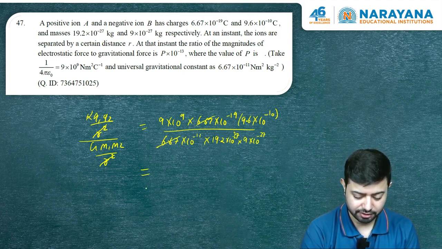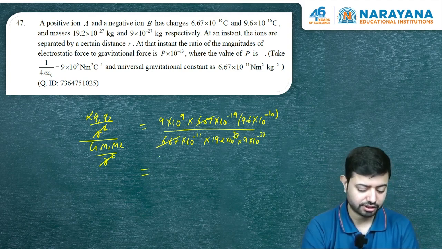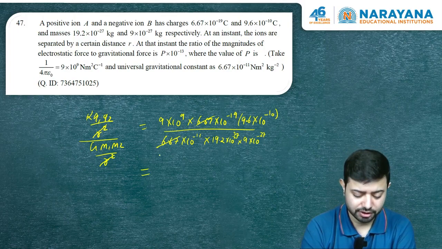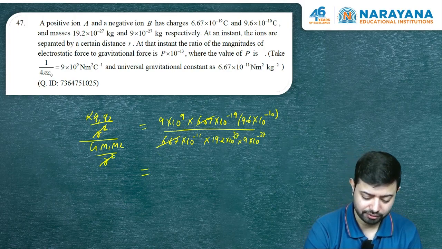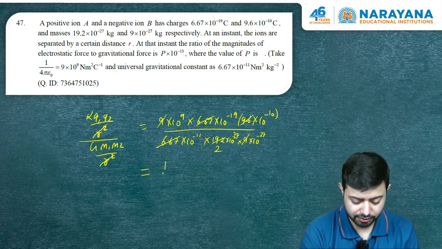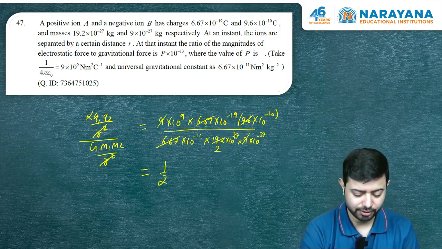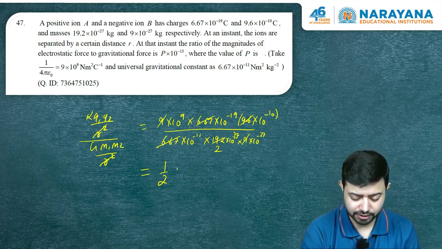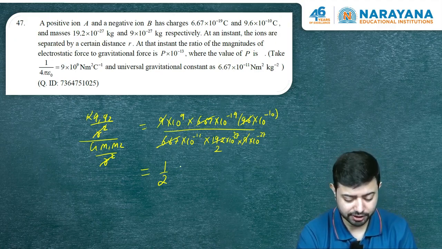6.67 cancelled, then we have 9.6 and 9.6 into 2, which is 19.2 only. So, that will get you as 2. Okay. 9 and 9 cancel. So, how much is the number wise? It is 1 by 2, and 10 to the power is how much? 10 to the power 9 in numerator, 10 to the power minus 19 and 10 to the power minus 10.